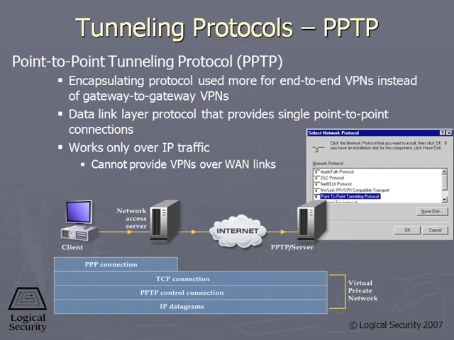It's a Microsoft protocol, and it was developed more for host-to-host communication instead of router-to-router communication, because it only allows a single communication going back and forth. It can only work over IP. It doesn't have as much granular control or the amount of security that something like IPsec has. So for a long time, PPTP was the de facto standard.